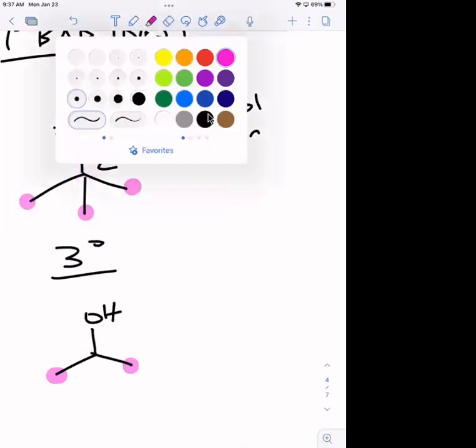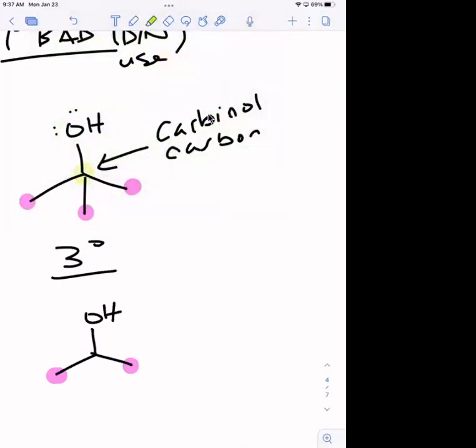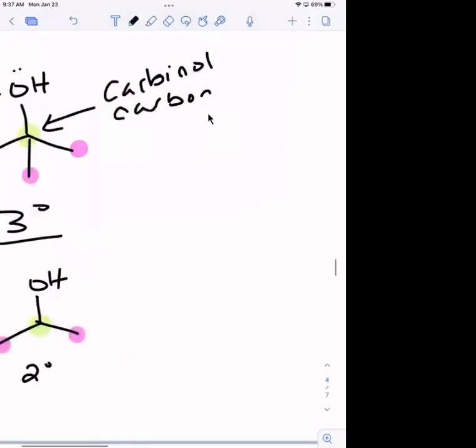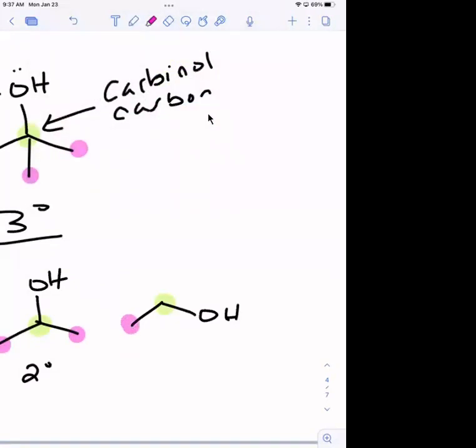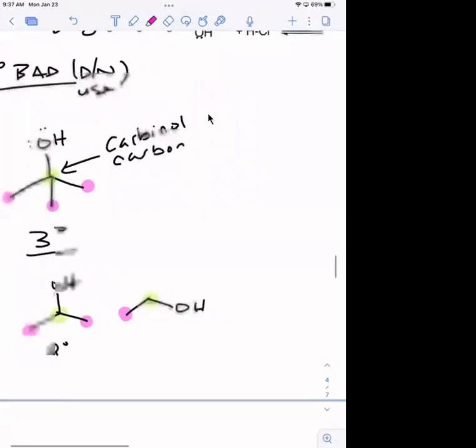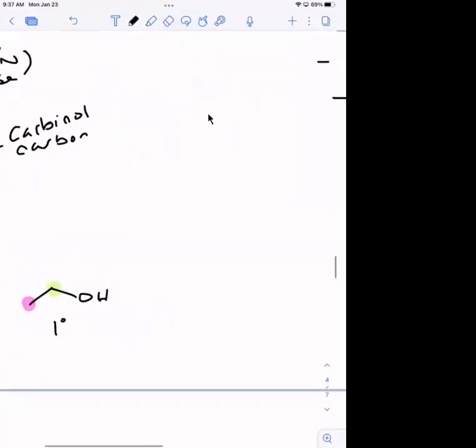So that central carbon where the OH is has 2 carbons attached to it. So it's secondary. And then a primary would be like this, right? Where this is your carbonyl, and then it has 1 carbon attached to it. And then of course, methyl would be like this with nothing but hydrogen attached.